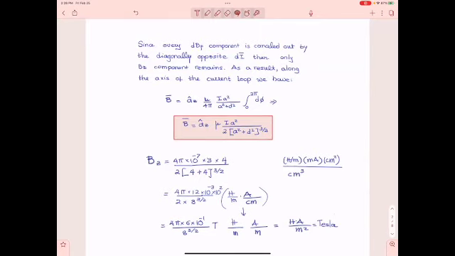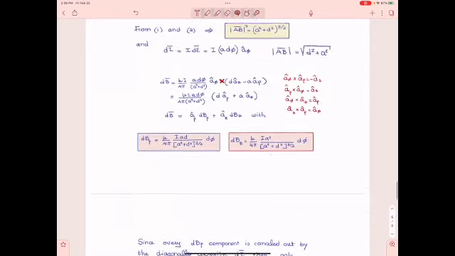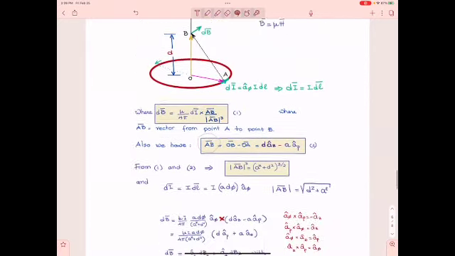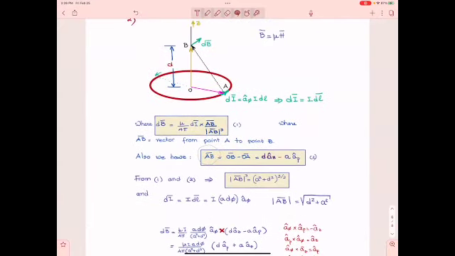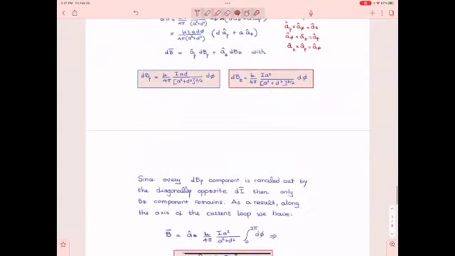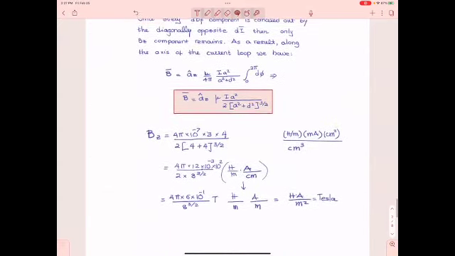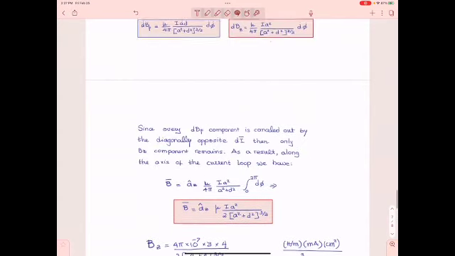What is the interesting thing about this expression? D is the Z coordinate. Let's look at when the Z coordinate is 0, which means D is 0.